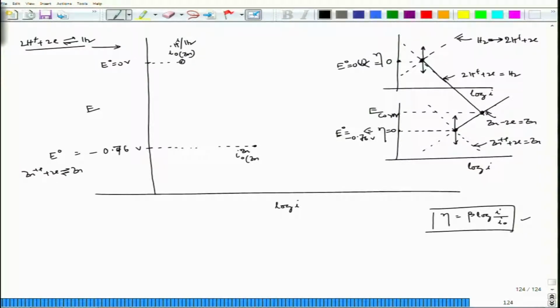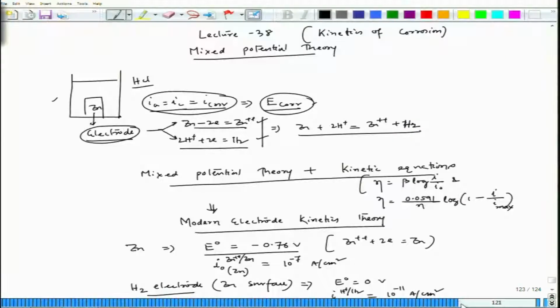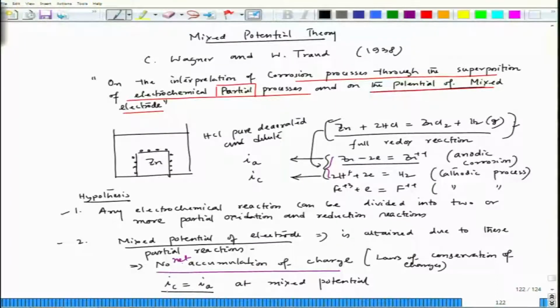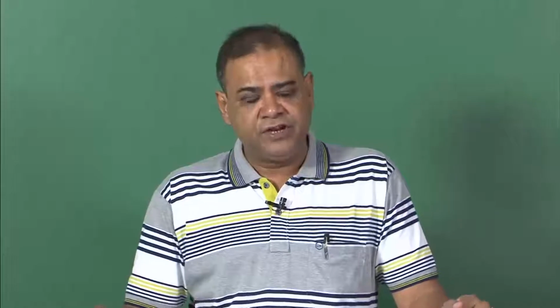Now, interesting thing, the second postulate or the second hypothesis is also met here. If you see this, it says that when it reaches that mixed potential, there is no net accumulation of charges. So, that means the current density for cathodic reaction which actually accepts electron, and the current density for anodic reaction which actually leaves electron, these two rates are same.